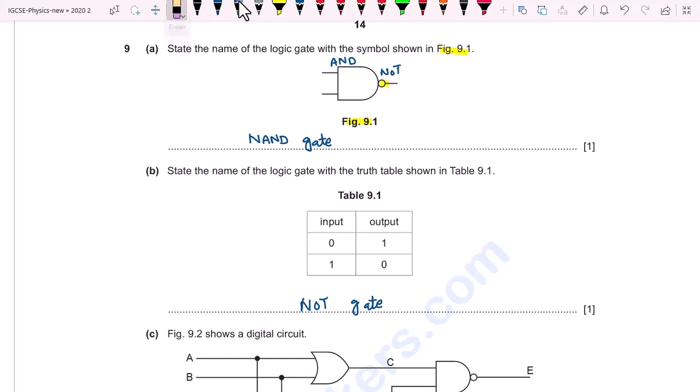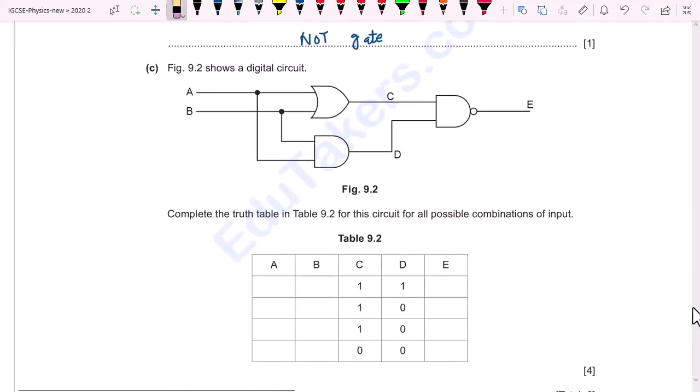Part C. Here is a figure. Figure 9.2 shows a digital circuit.